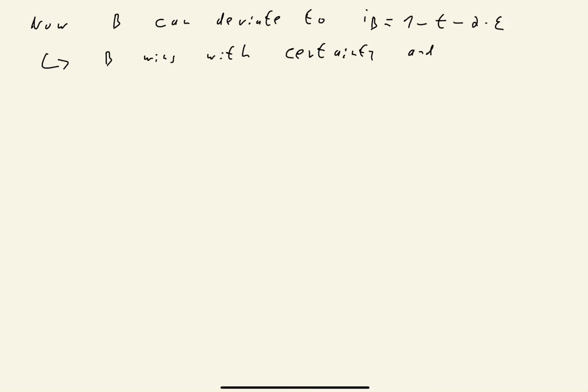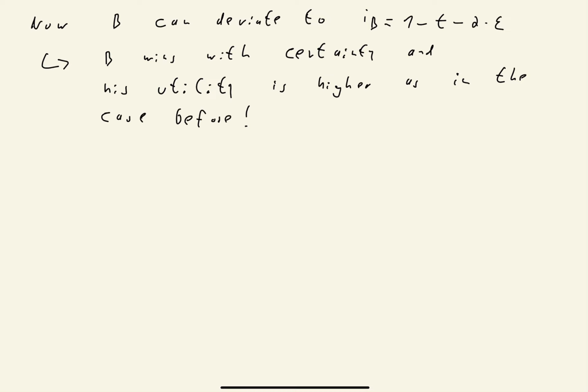And his utility is higher as in the case before. Okay, so now you see that when A is deviating with epsilon to a point above, so he's adding epsilon to his true ideology, and this is his deviation, then B can deviate by choosing a point which is 2 times epsilon lower than his ideology.